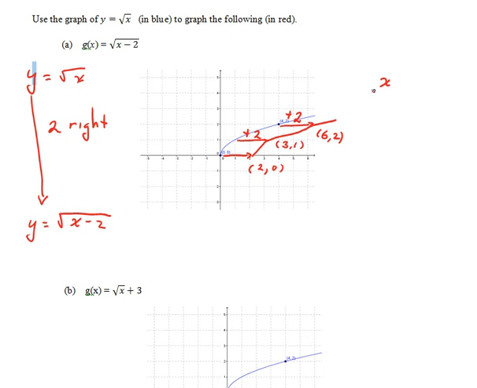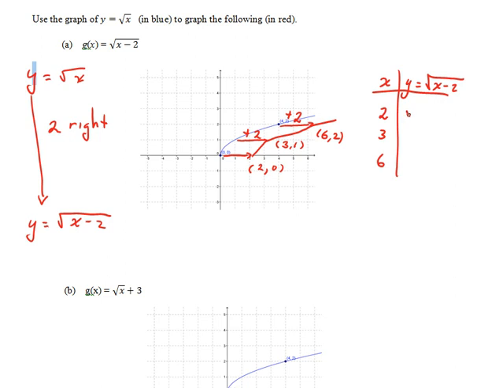We can use a table of values to give us more confidence in the graph that we've drawn for y equals the square root of the quantity x minus 2. We'll use the values 2, 3, and 6 for the x values.